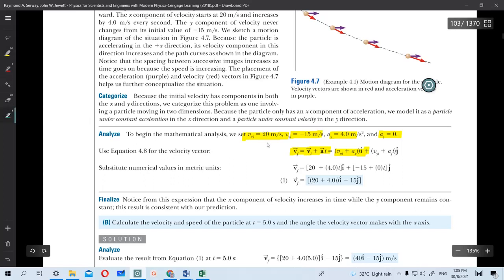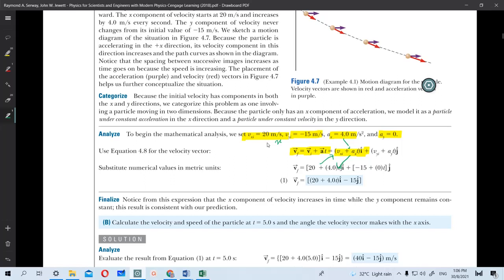Here goes the number 20 from just now. Acceleration is 4, so here is the 4. So 20 plus 4t. Leave t as t, an unknown that is later to be substituted with any t value.